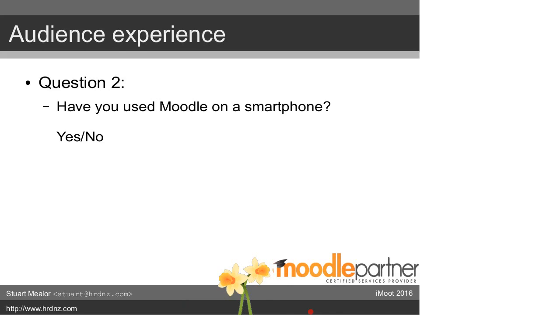What about using Moodle on a smartphone though, which is clearly a different kettle of fish, a different animal? Okay, so the results are coming through. I'm going to publish them. I know some people are probably not answering or multitasking and so on, but I'll publish that again.